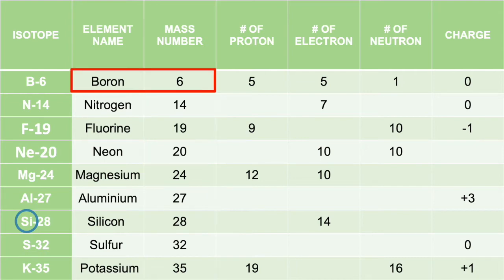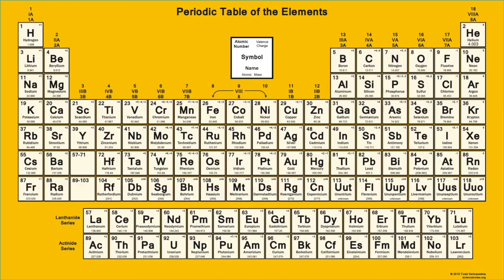Let us take a look at boron. Boron has a mass number of 6. Let us check using our periodic table of elements if boron has really 6 as its atomic mass. Boron is found at the right side of the periodic table.